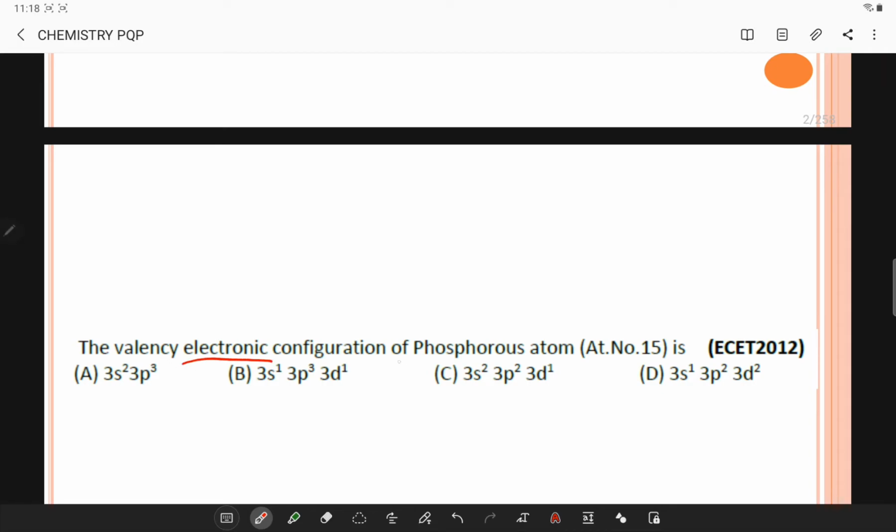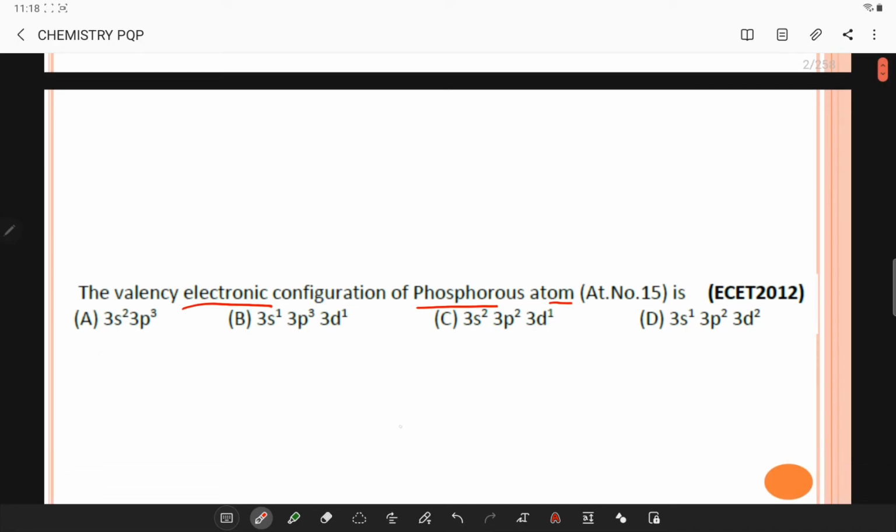The valency electronic configuration of phosphorus atom is, if you remember the electronic configuration of phosphorus, it will have a nucleus and 2 electrons in the s orbital. Next it will have 8, 1 2 3 4 5 6 7 8.